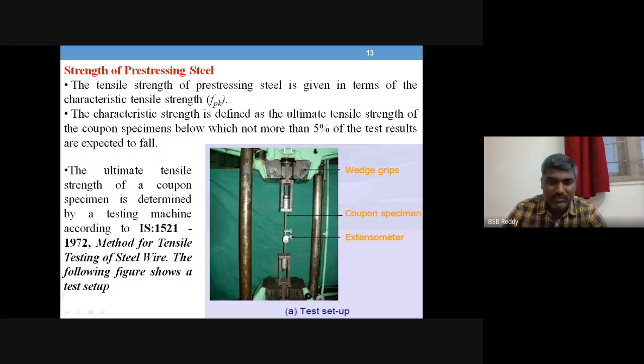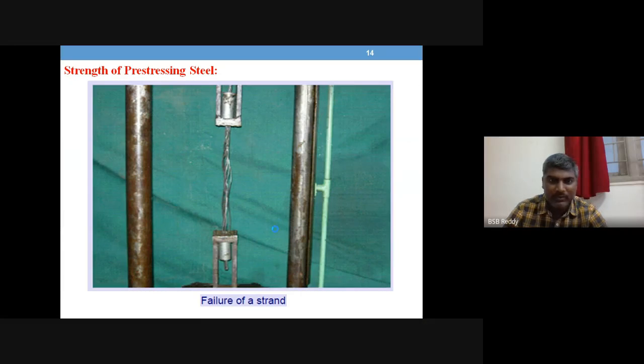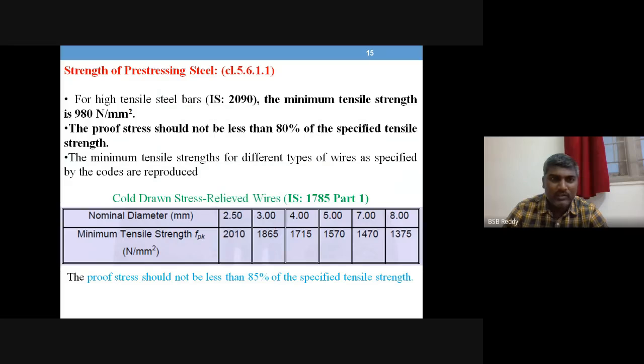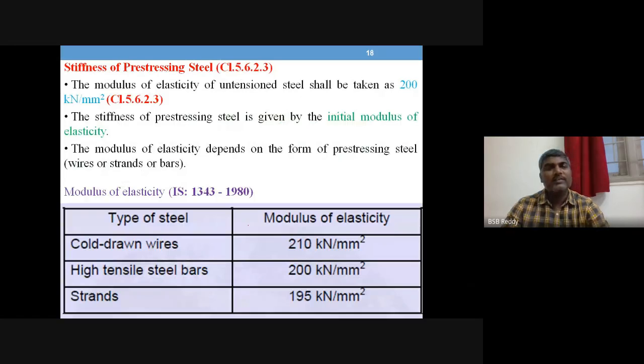Whereas this machine is used for testing the wires which are below 8 mm dia, up to 8 mm dia. And then the strength values from different IS codes for different types of steels are discussed.